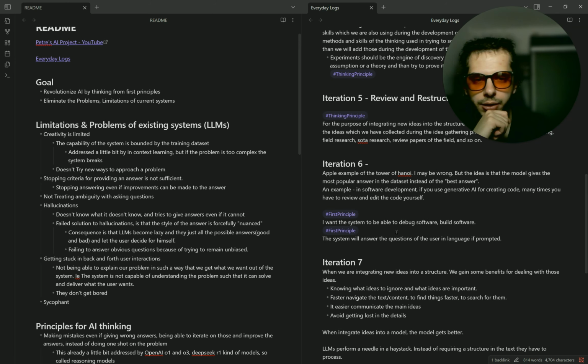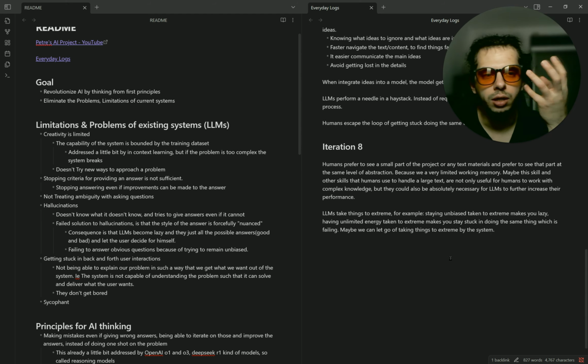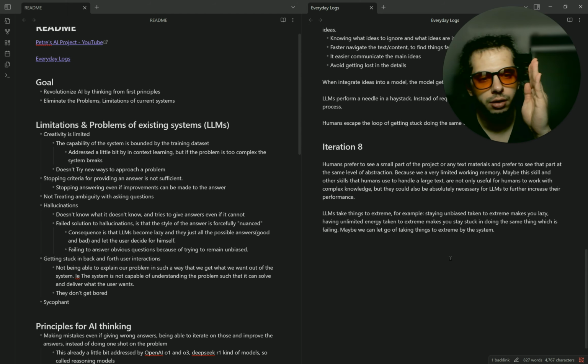Maybe we can let go of these extremities in the system we will develop, of not making the system take things to extreme, instead of doing it manually.